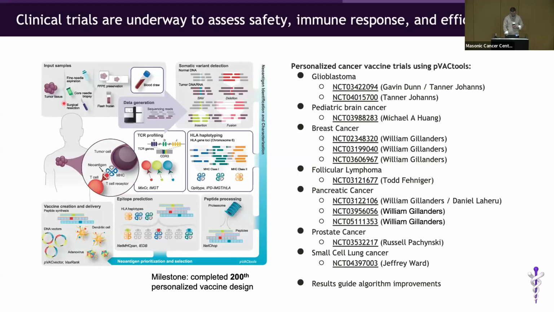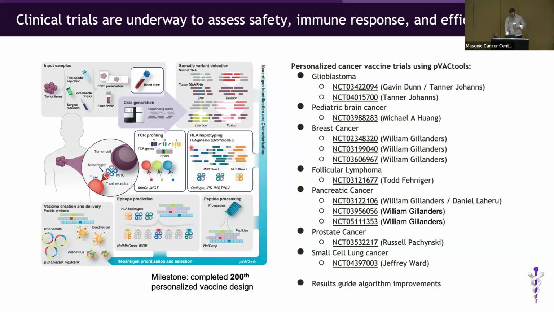So you isolate tumor tissue and matched normal tissue, usually blood, isolate DNA and RNA from those tissues, generate sequence data, analyze that data to identify the various kinds of tumor somatic alterations that might give rise to a neoantigen that's tumor specific.